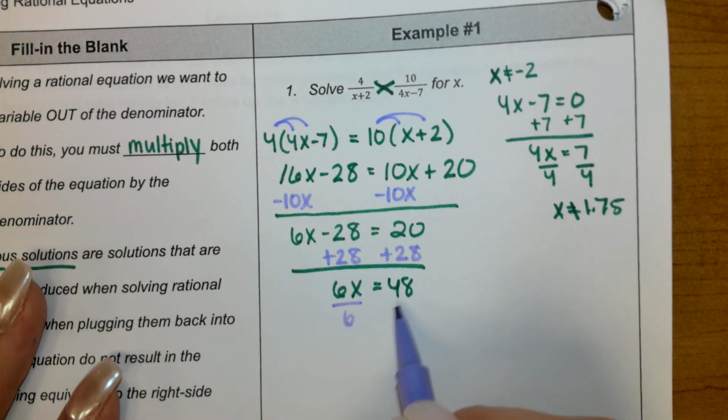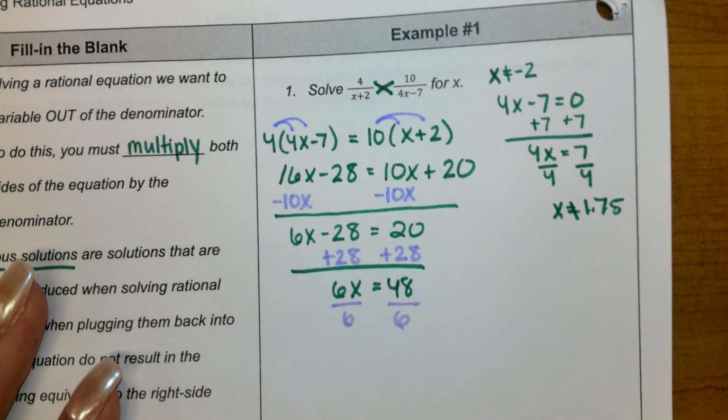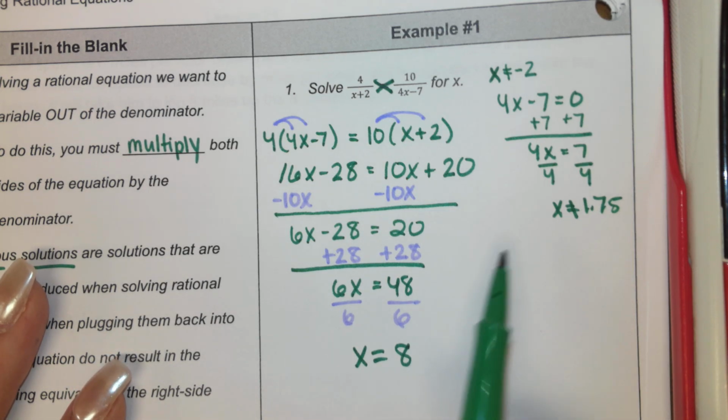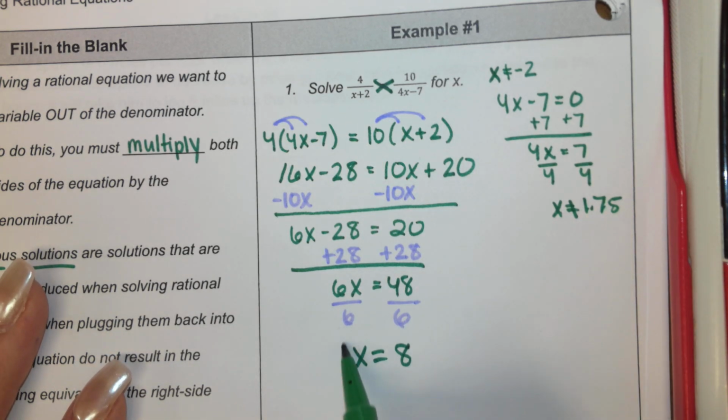Divide both sides by 6. Looks like I'm just going to get one solution here. 48 divided by 6 is 8. And 8 is not one of our solutions that we have to worry about. So we can be pretty confident that that is our solution.